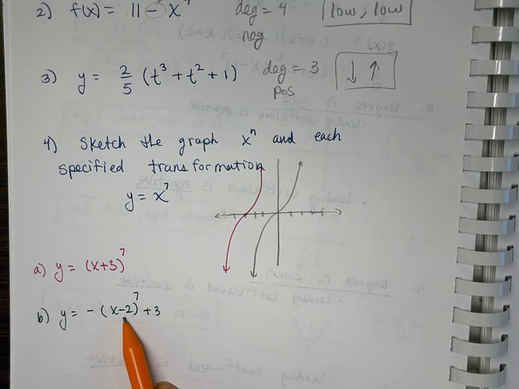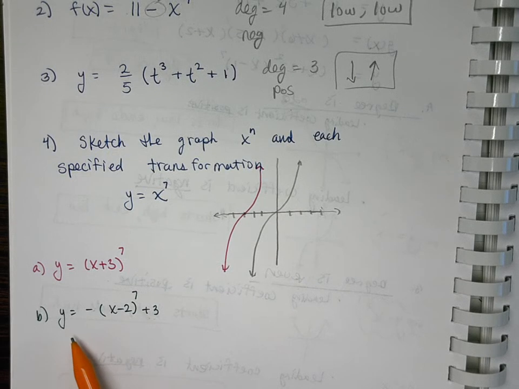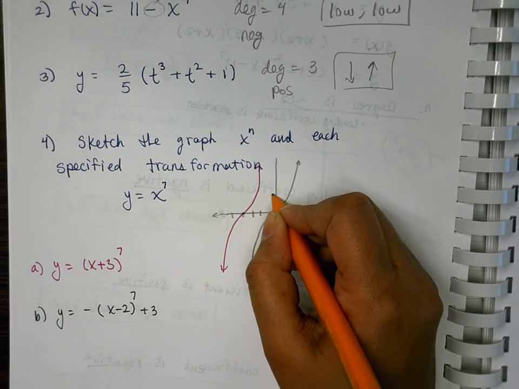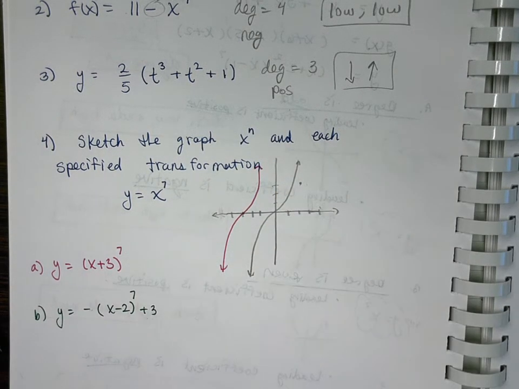Right 2. And the plus 3 on the outside? It's up 3. And what does this negative do? It makes it upside down, flips it around. All right, so right 2, up 3, and then it flips it around the other way.